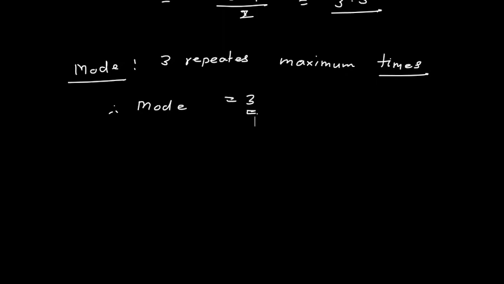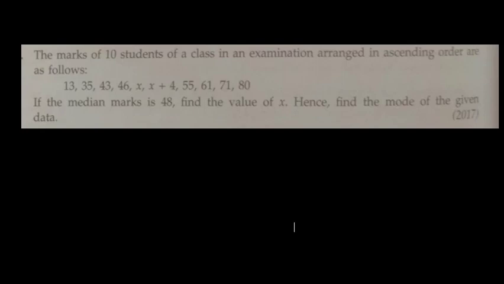Okay, simple one. Now the next question we have: the marks of 10 students of a class in an examination, arranged in ascending order, are as follows. This data is already in ascending order and the total number of data is 10. If the median mark is 48, find the value of X. Hence find the mode of the given data.